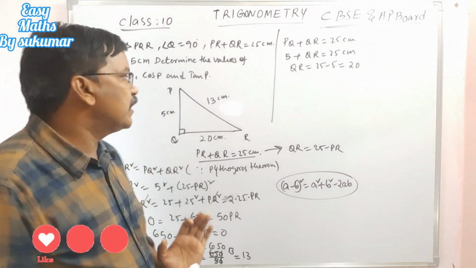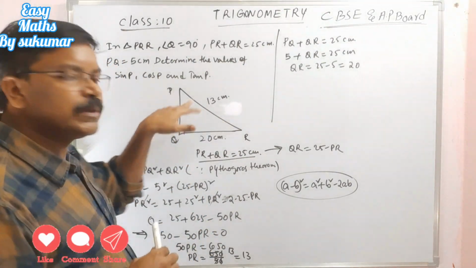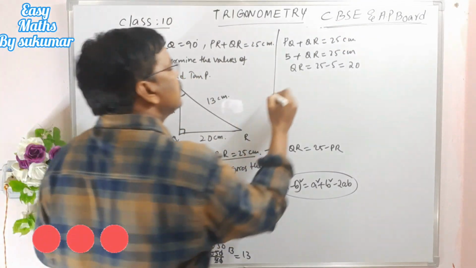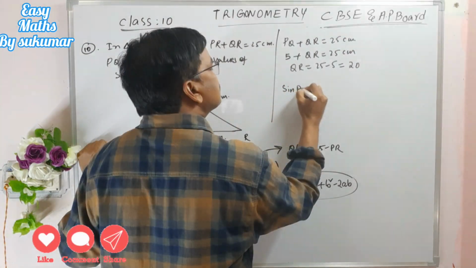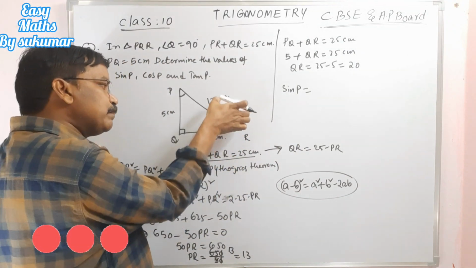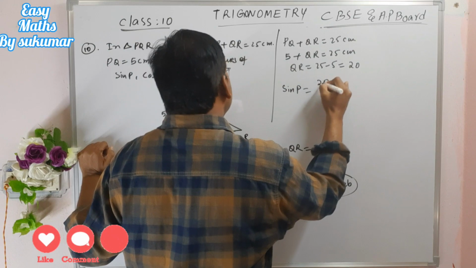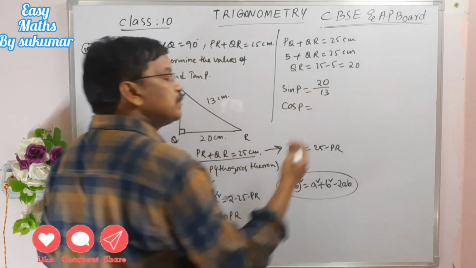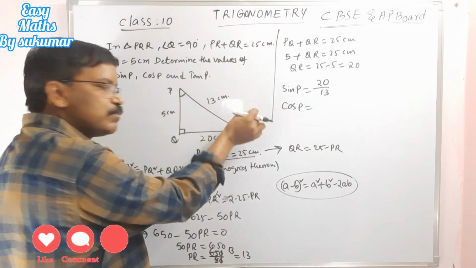Now what we have to find here? Sin P, cos P and tan P. So that means P is an acute angle here. So sin P means opposite side by hypotenuse, that is QR by PR. So that is 20 by 13. What about cos P? Cos P means adjacent side by hypotenuse.